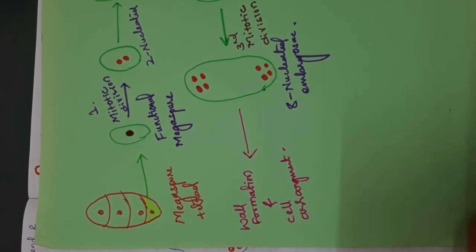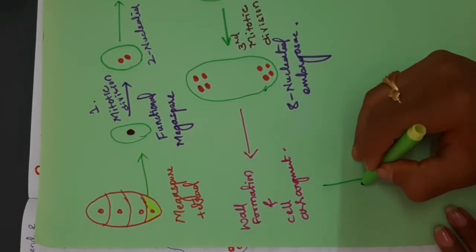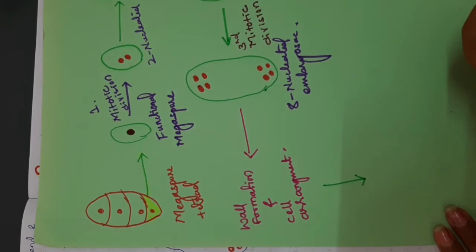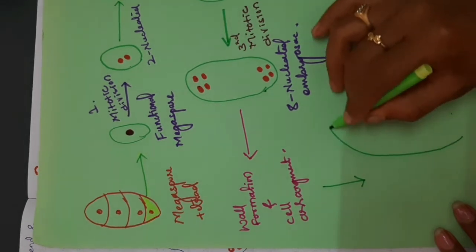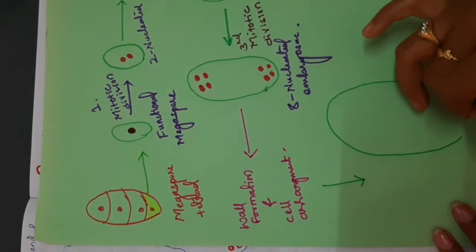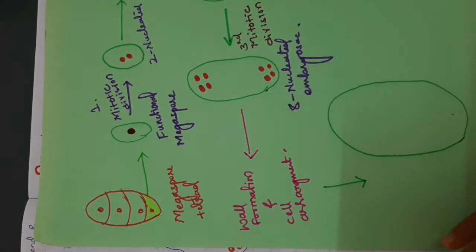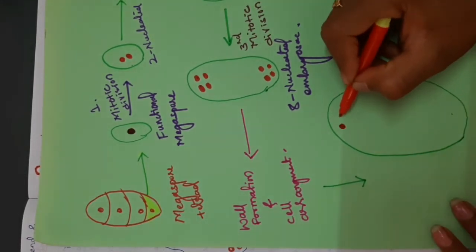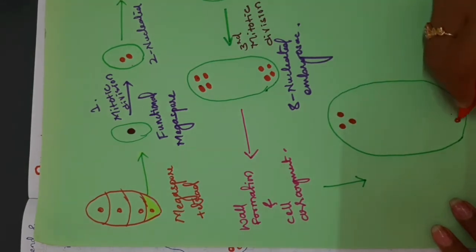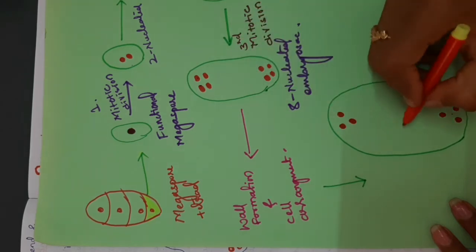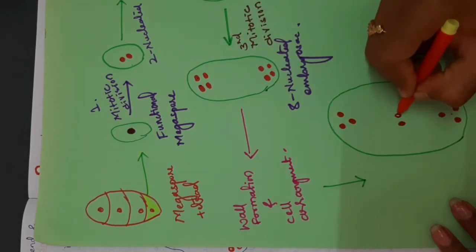Now the 3 nuclei which are present at one pole are arranged at that one pole, and another 2 nuclei are arranged at the other pole. The remaining 2 nuclei are present in the middle.